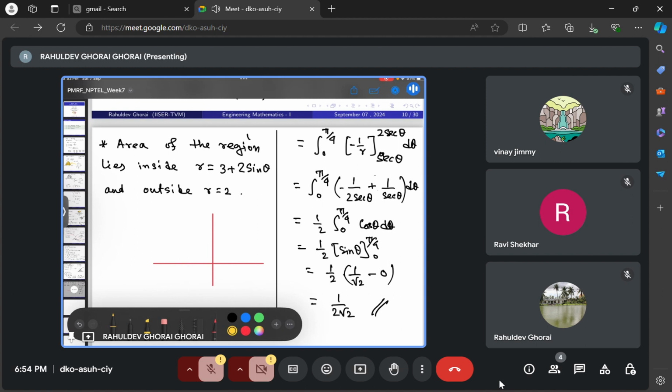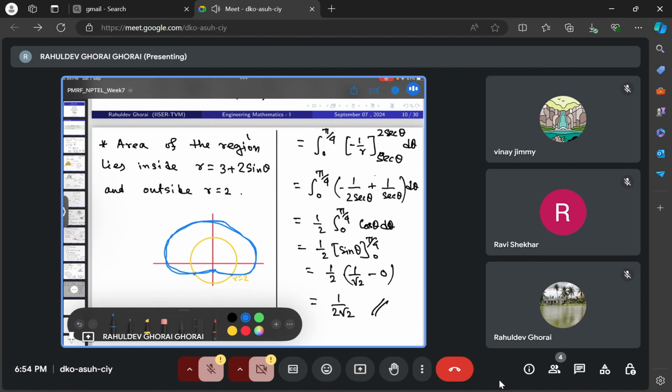What is r equal to 2? r equal to 2 will be this circle, right? And r equal to 3 plus 2 sine theta will look like this.